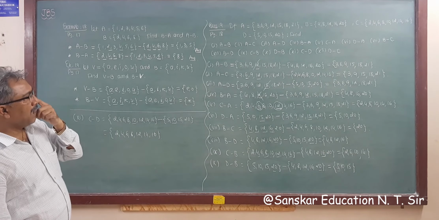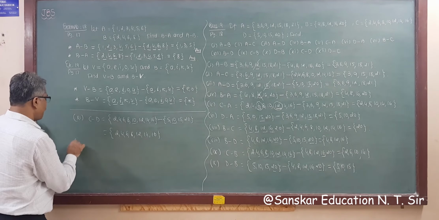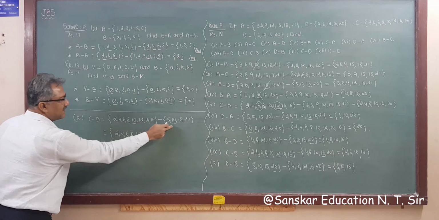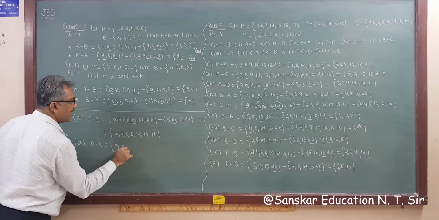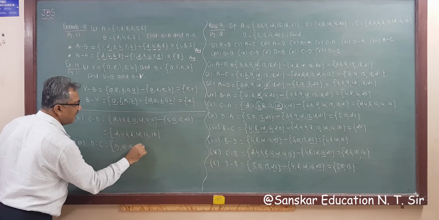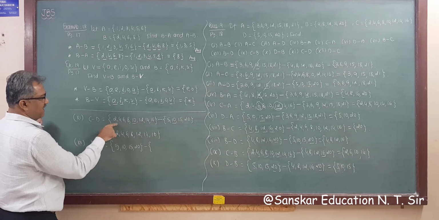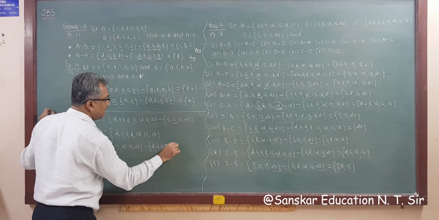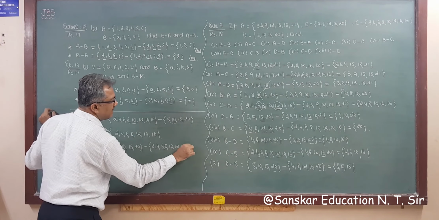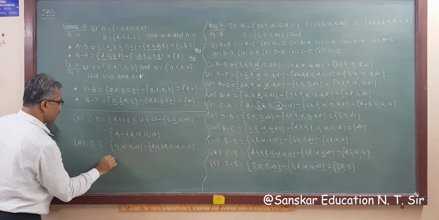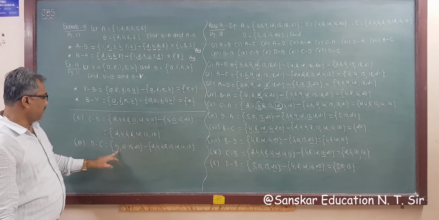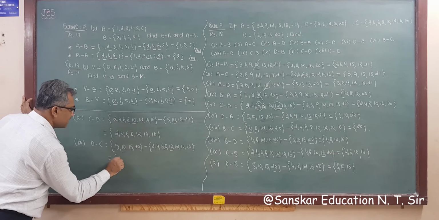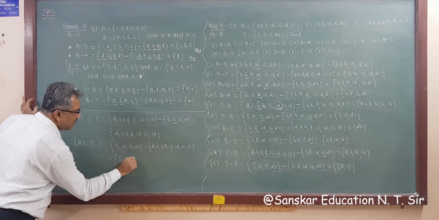And the last is D minus C, question number 12. D is 5, 10, 15, 20, minus C, which is 2, 4, 6, 8, 10, 12, 14 and 16. So 5, no; 10 is there; 15, 20, no. So the answer is 5, 15 and 20.